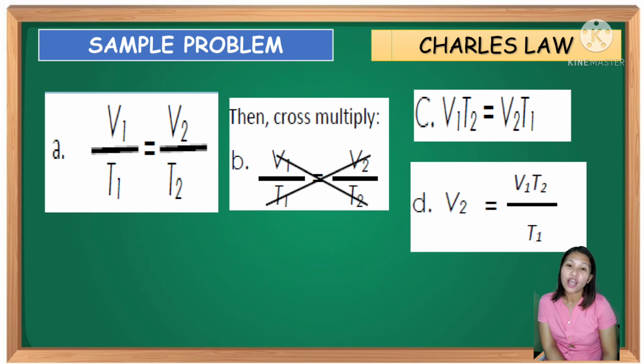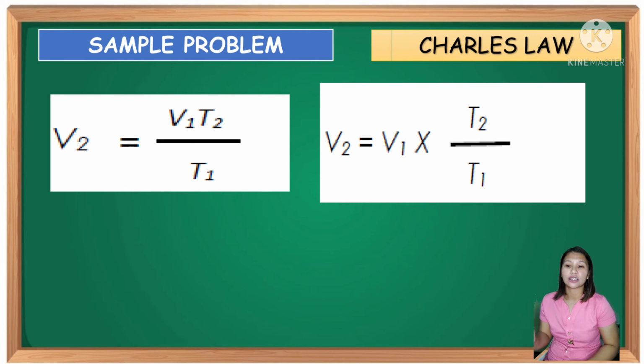And for us to come up with the formula to solve for the final volume, we divide both sides by T sub 1 to isolate V sub 2.